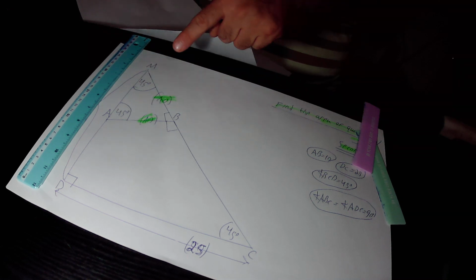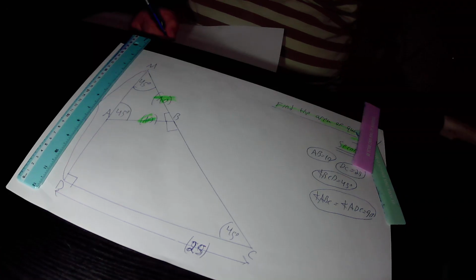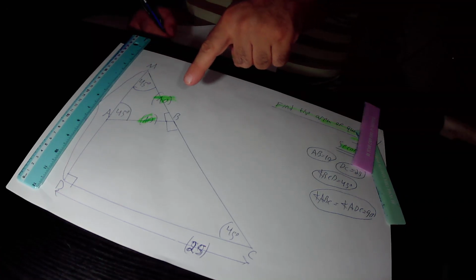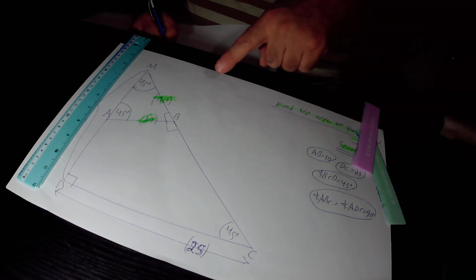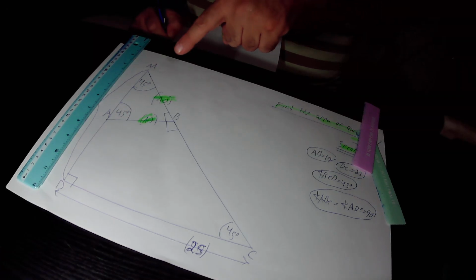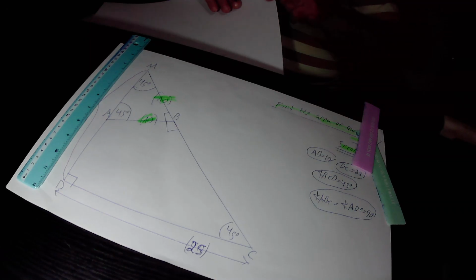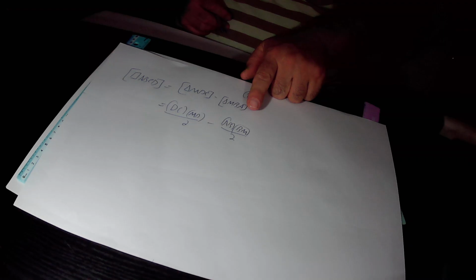What is the area of this right triangle MBA? It is equal to the base of this triangle, AB, times the height BM over 2. Repeat again, the area of this right triangle MBA in total is equal to the base AB times the height BM over 2.